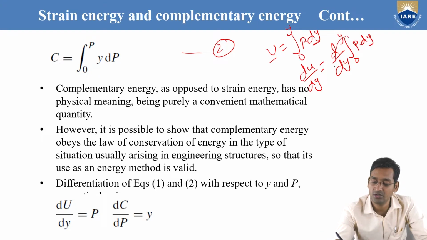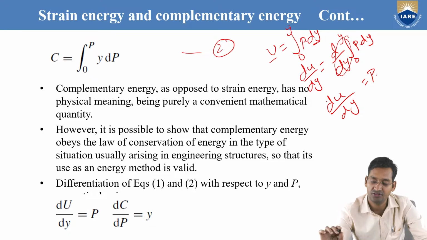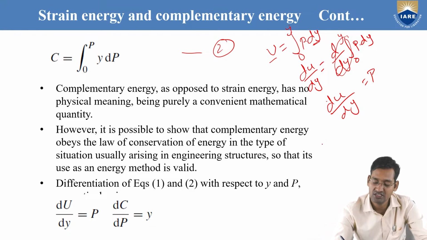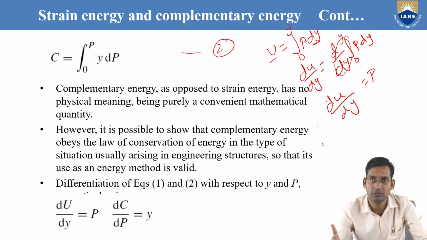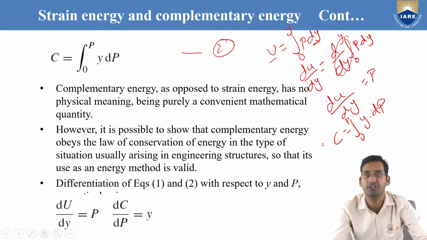Differentiation of this will get cancelled, so we get du by dy equals p, right? Now differentiate c. This time p will be varying, so we differentiate with respect to p. c is the integration from 0 to p of y into dp.